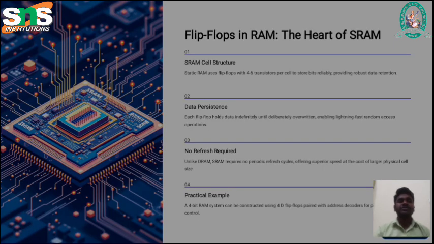Flip-flops in RAM: the heart of the SRAM. SRAM means static RAM, which is the advanced one compared to DRAM, as we discussed in our previous video. SRAM cell structure: static RAM uses flip-flops with 4 to 6 transistors per cell to store bits reliably, providing robust data retention.